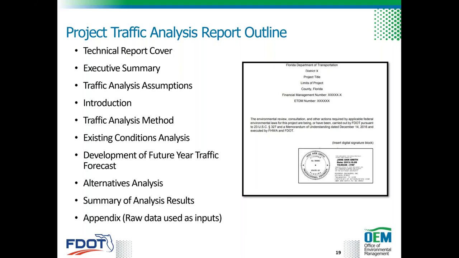The suggested outline for the traffic analysis, which is included in the PD&E Manual, should include the cover sheet of the final report, signed and sealed, like I said, by a professional engineer, the executive summary, the traffic analysis assumptions, and an introduction section, which provides a brief description of the project. It includes the project location map, traffic analysis objectives. Then the traffic analysis methodology itself, which describes the tools, software used for the analysis.